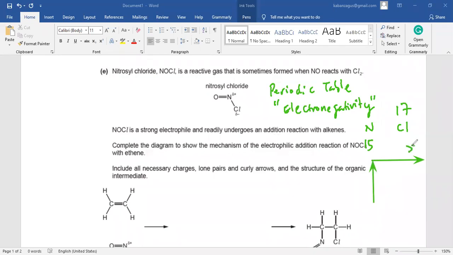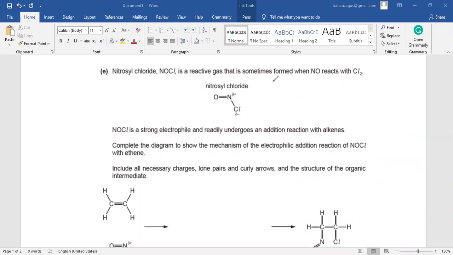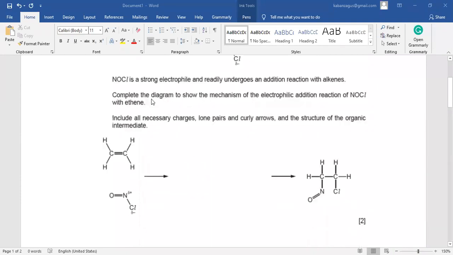That's why I just put this sign. From the metal to non-metal, the value of electronegativity increases. So I just put non-metal, right?